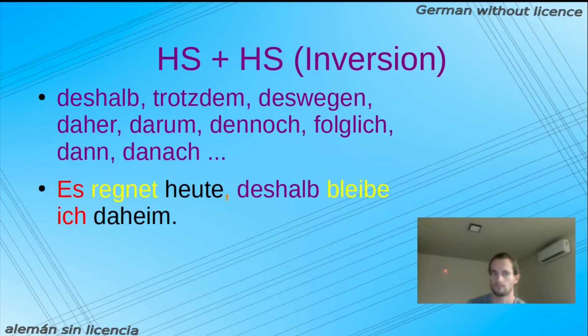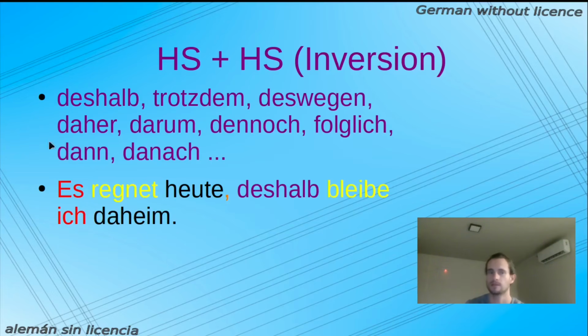So that would be the most popular one. You have some other examples like folglich, consequently, dann, danach, okay? So this would be just some examples for this group. But as I said, the most popular ones are deshalb and trotzdem.